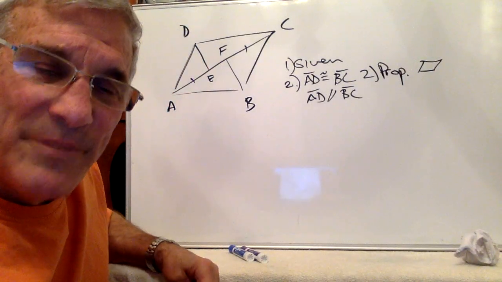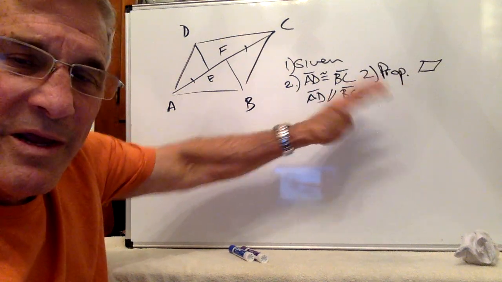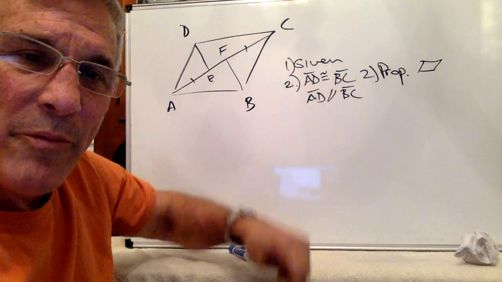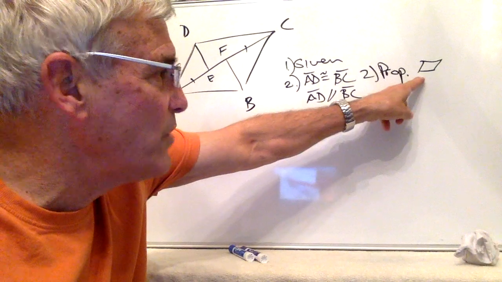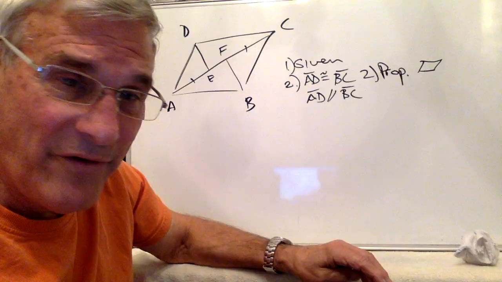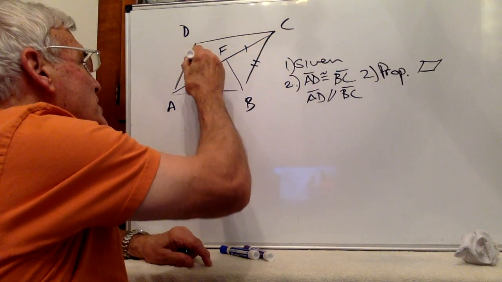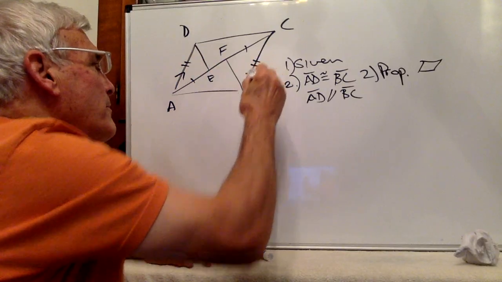Two of the properties of parallelograms. And again, that's what I mean. If you use this in a proof, you don't need to write all that stuff out. Just go property of parallelogram. Again, never write the word parallelogram. Just draw a little parallelogram looking figure. So now I've got this side congruent to that side, and they're parallel.